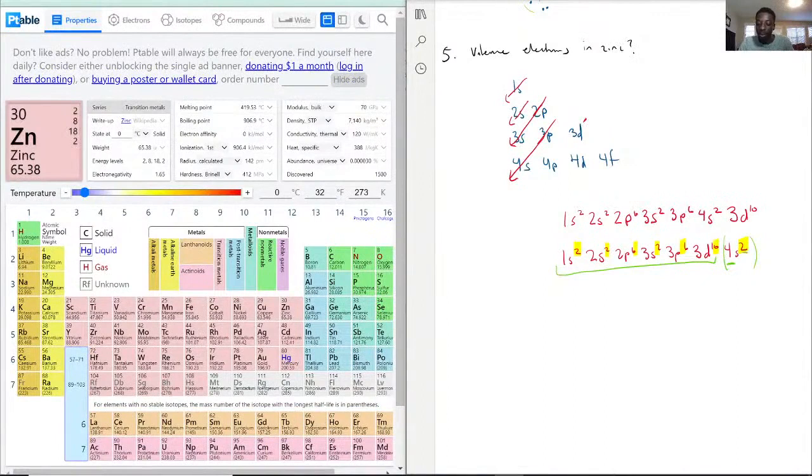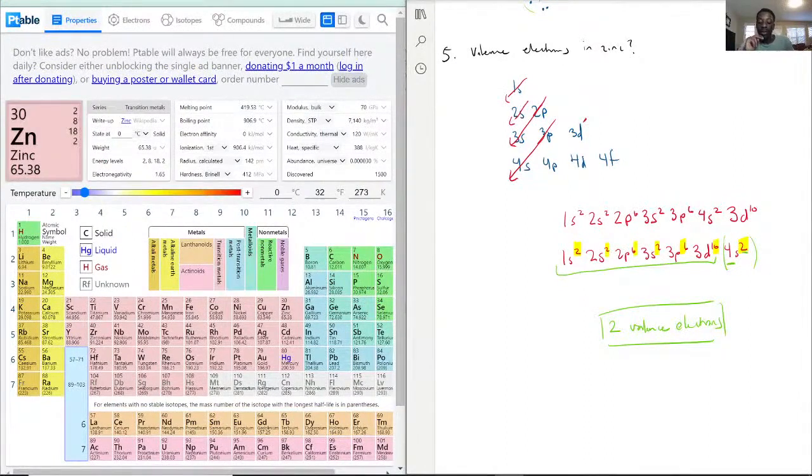So for this question, the valence electrons in zinc would be just 2 valence electrons, because that is what is available from that outermost orbital.